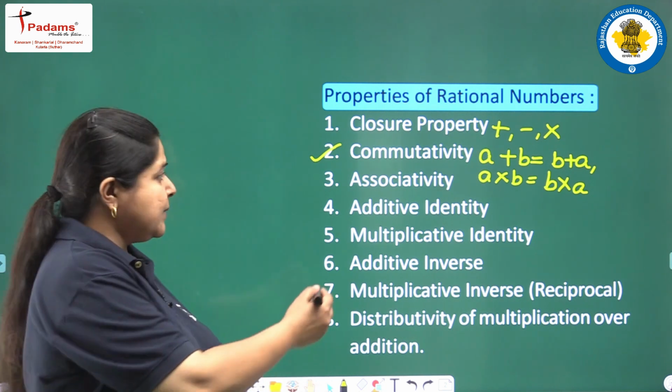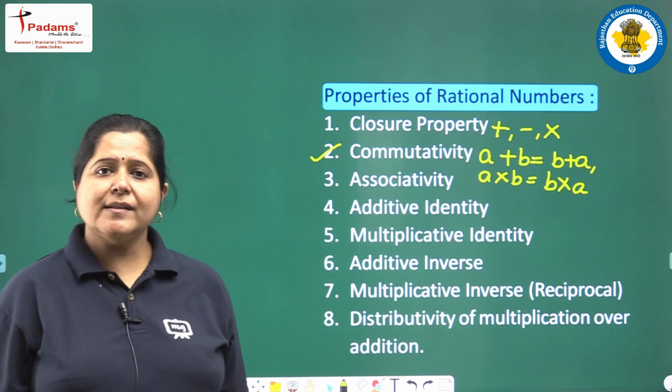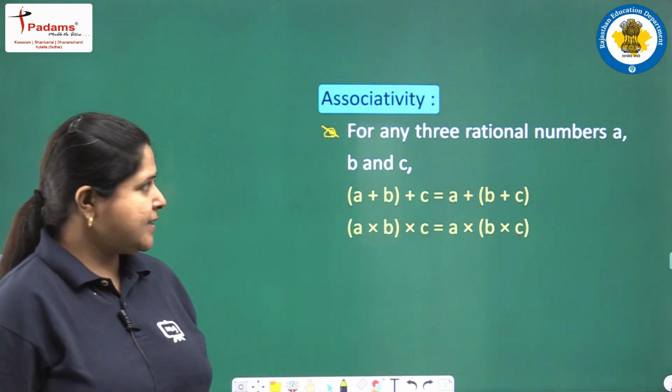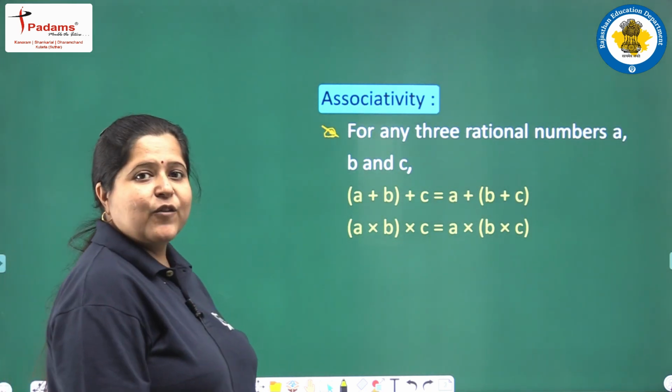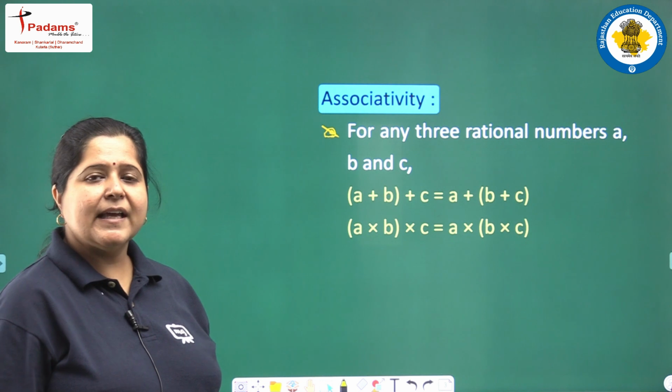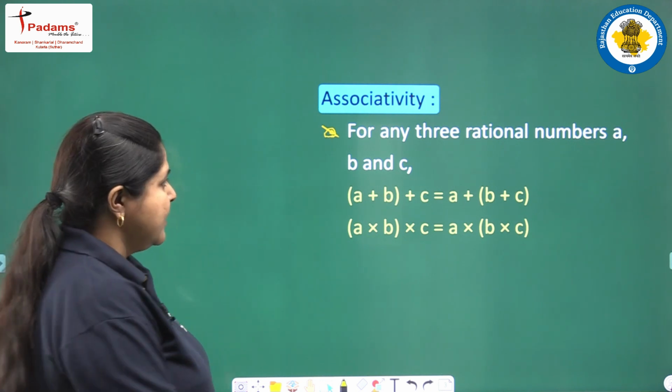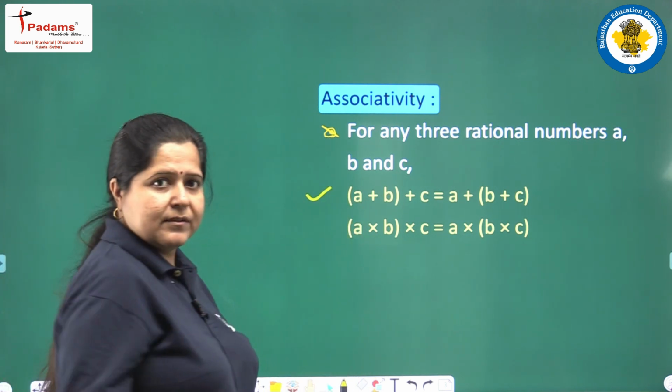Now today we will be taking the third property, which is associativity. What does it say? It says that for any three rational numbers a, b and c, we have the following relation.